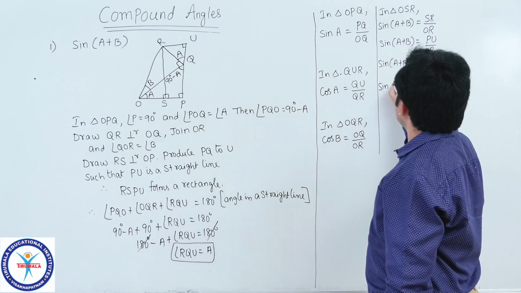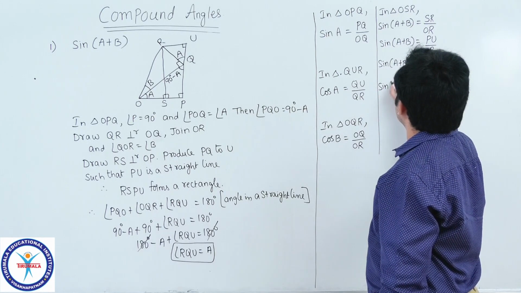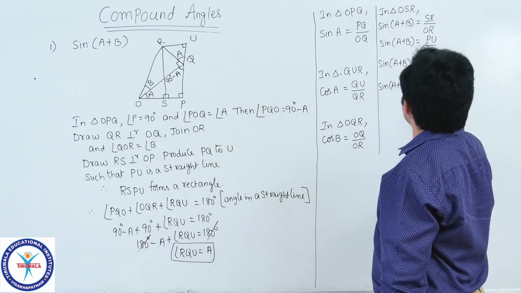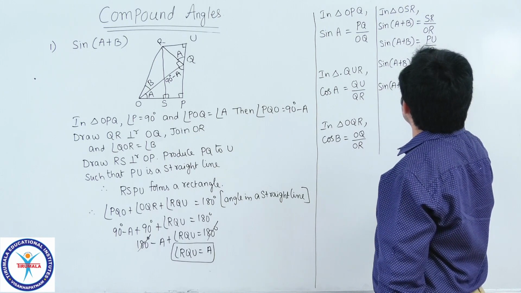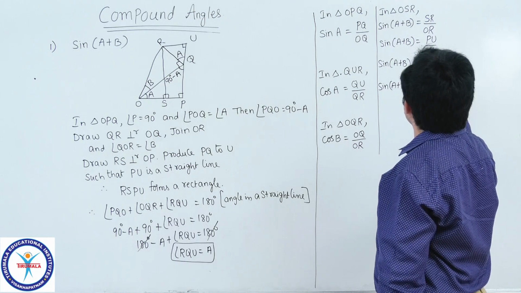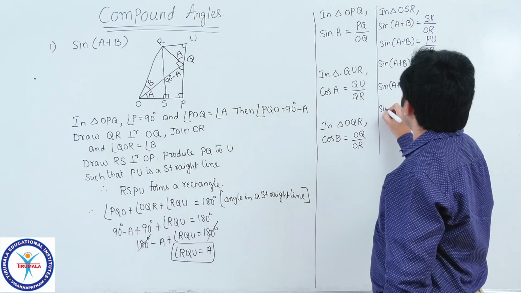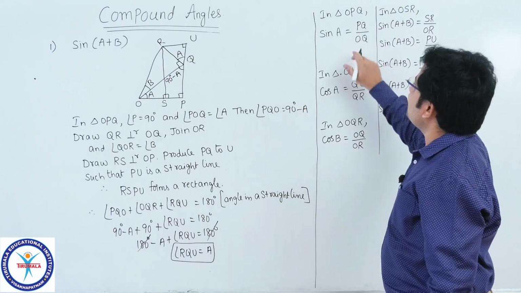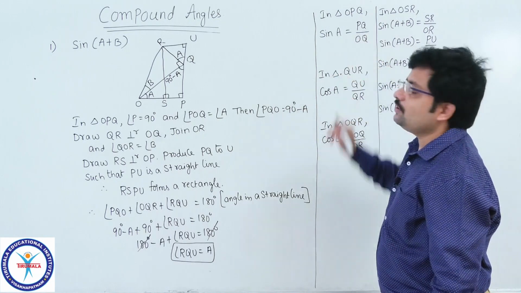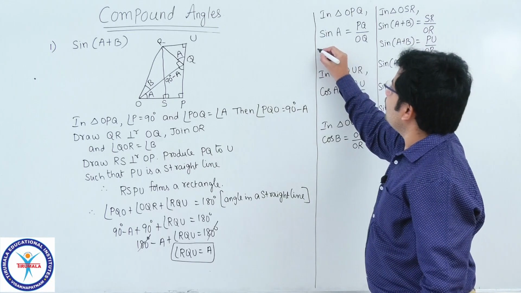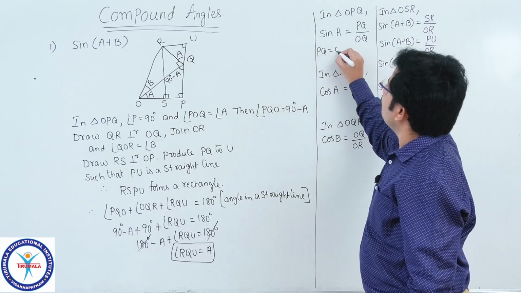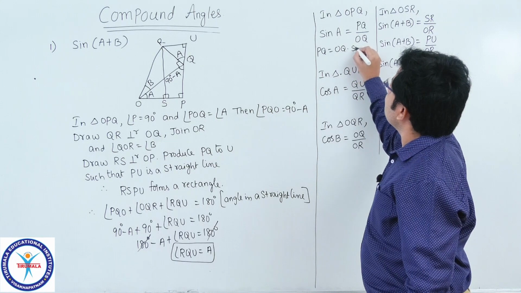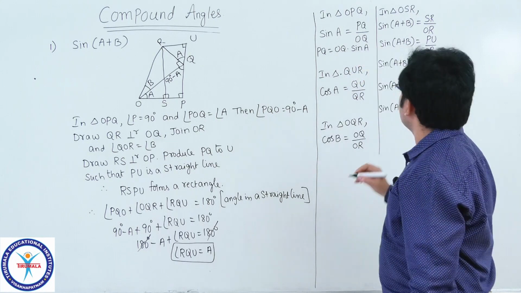Then sin(A+B) can be written as PQ by OR plus QU by OR. Therefore, from this, what is PQ? PQ is equal to OQ into sin A.